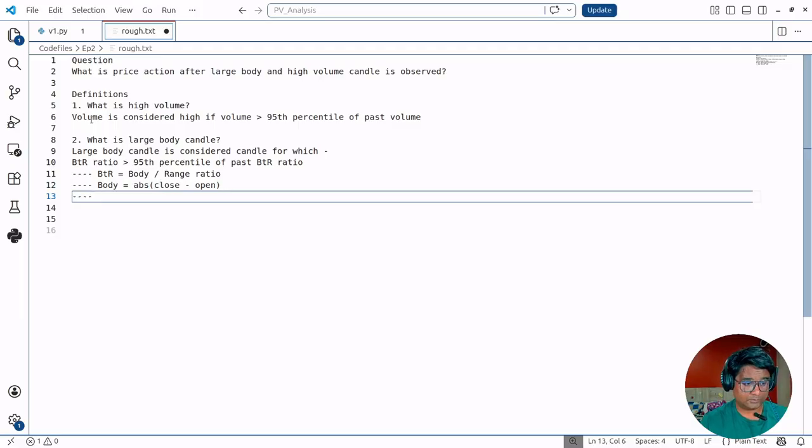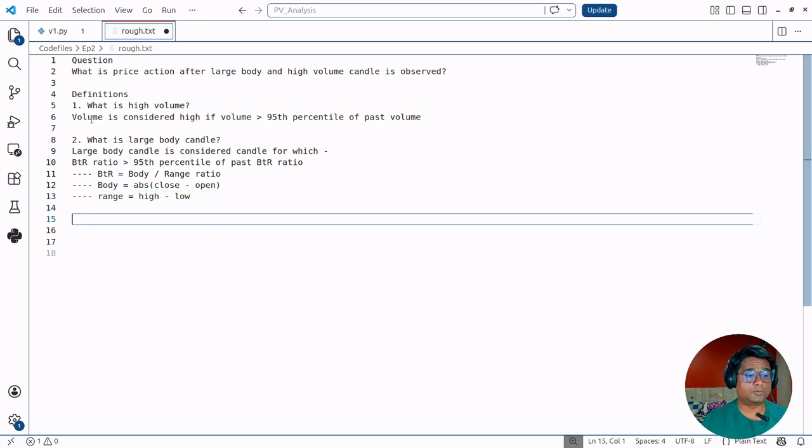Then range is high minus low, this will always be positive. And we will try to detect the candles which satisfy these two conditions simultaneously.